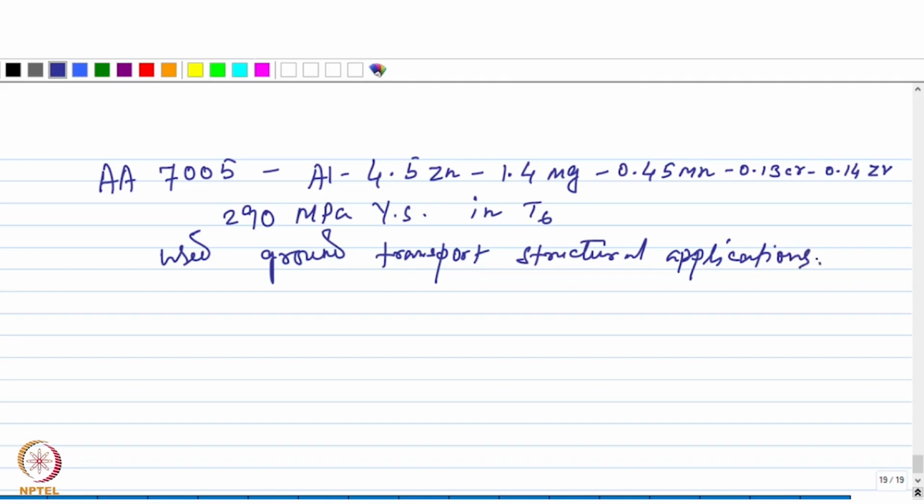Right, so this will bring us to the end of the 7000 series. So we'll go on to the next one, that is the 8000 series alloys or the aluminum lithium alloys.